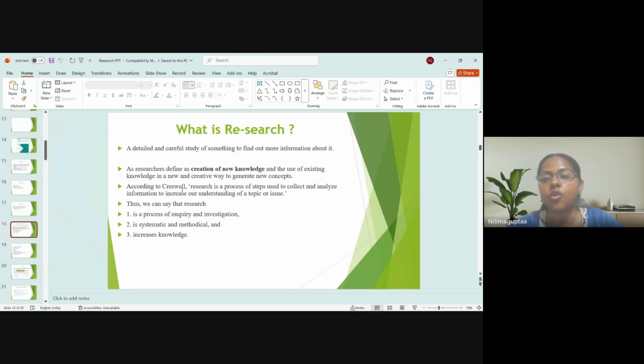Now, starting with the topic that is research, the basic meaning. See, any knowledge in this world is not exclusive, or something new that we are doing. Everything that we do today has already been done somewhere at some point of time. It is just to us that we come to know this fact, that this knowledge is new to us.